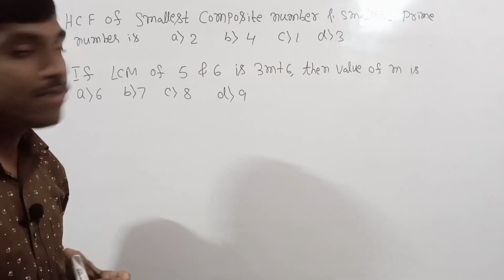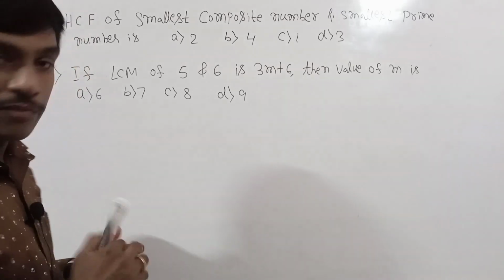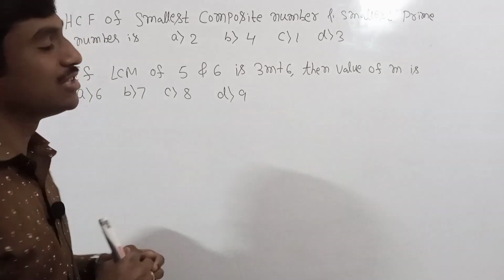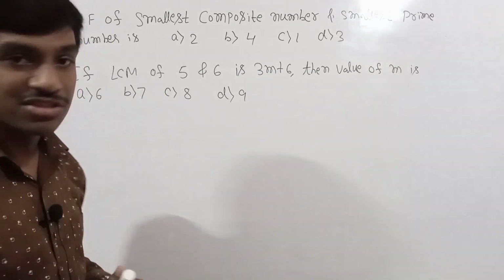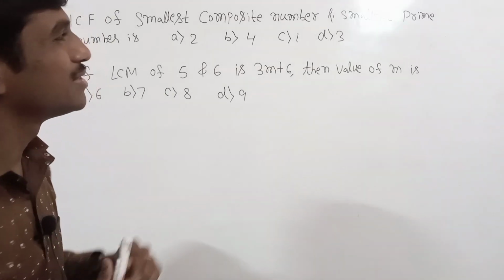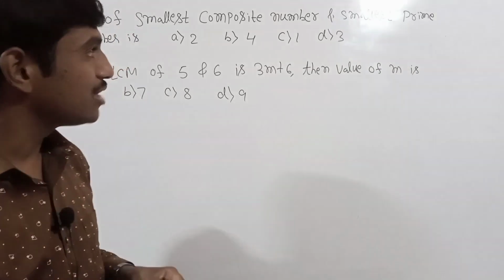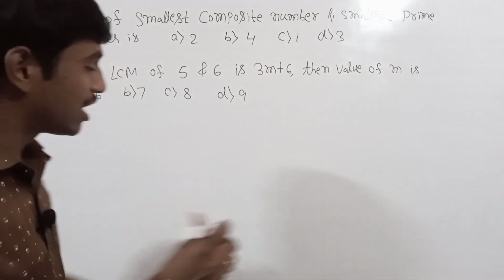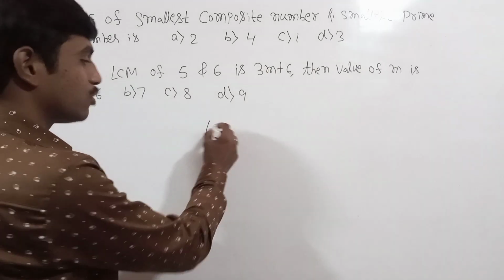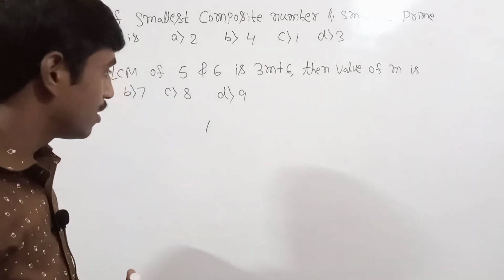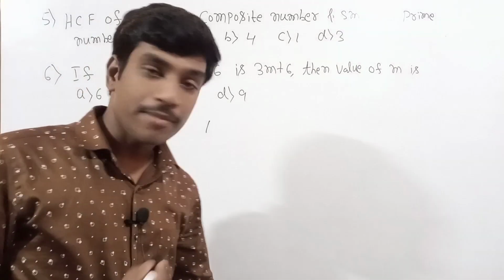Prime numbers, you know, are the numbers greater than 1 whose factors are only 1 and itself. Those numbers are prime numbers. And if the numbers are not prime, then it's a composite number. But the number 1 is not a prime number, and it is not a composite number either. It is neither prime nor composite.